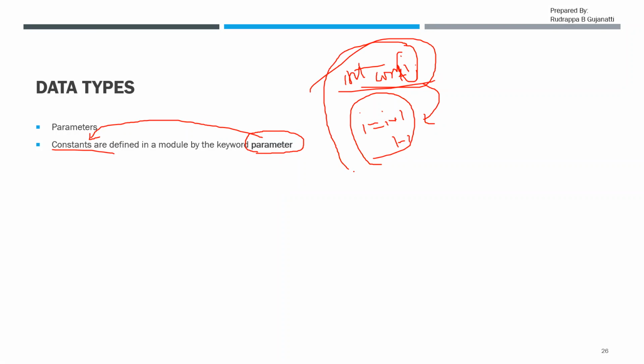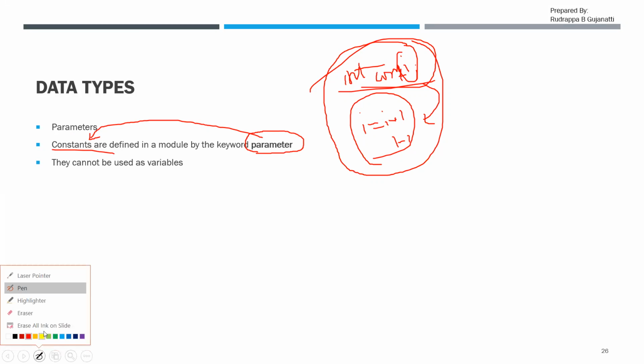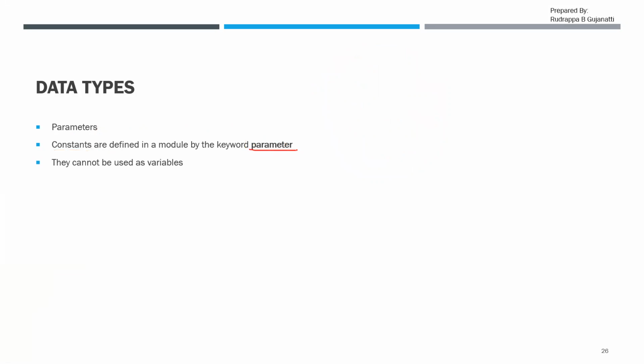So if I declare some elements as constants, I cannot use them the way I use variables. That is one thing we have to remember when dealing with parameters. But again, some special conditions will be there, and we'll check those.